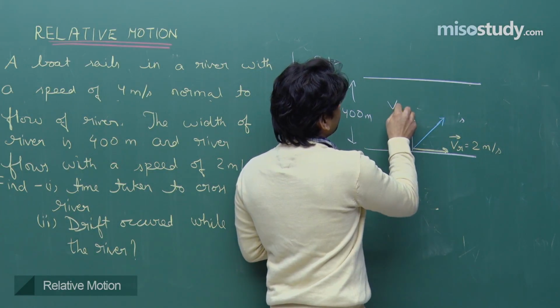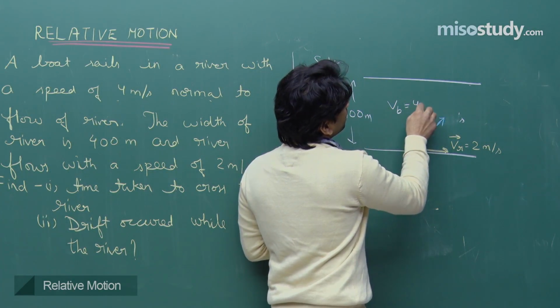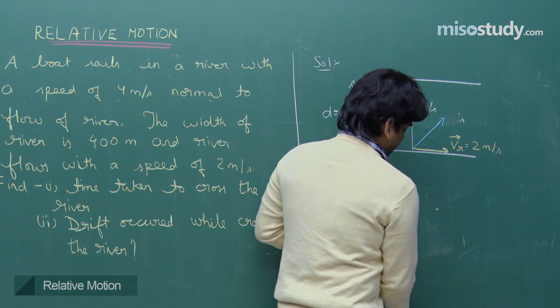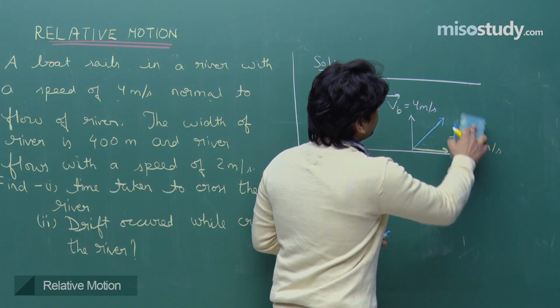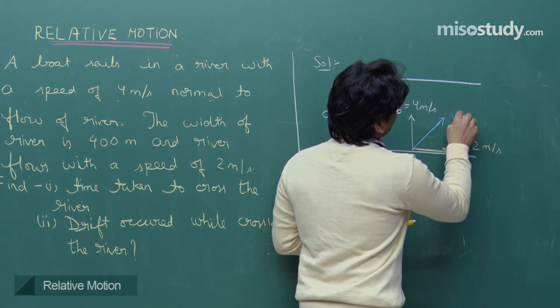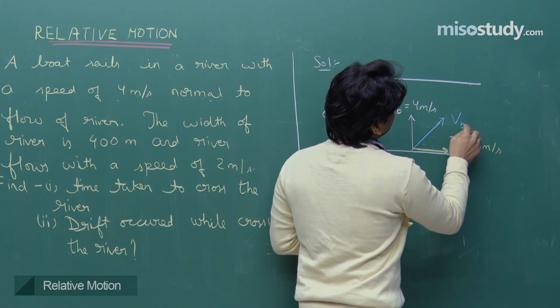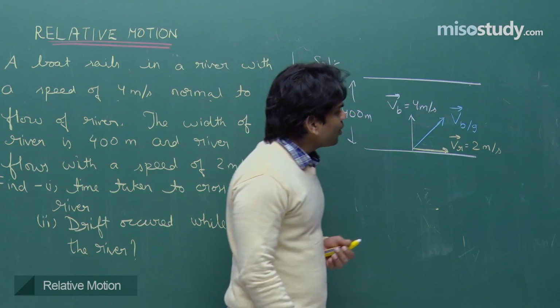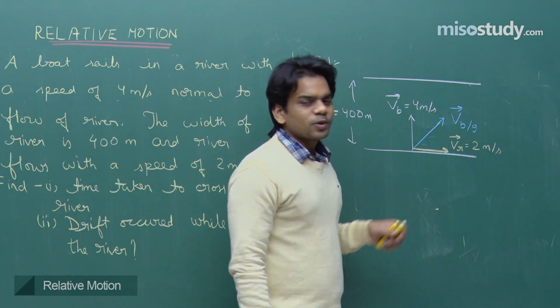Let us mark this VB, that was given as 4 meters per second. Now we have all the required data. We have made it into a diagrammatic representation. This is the velocity of the boat with respect to ground.